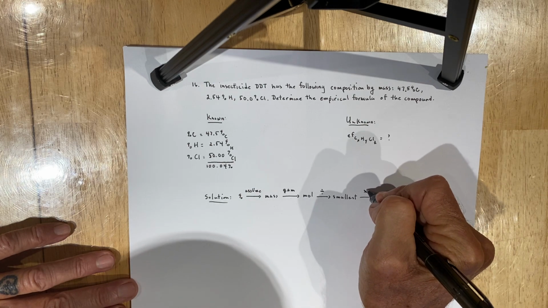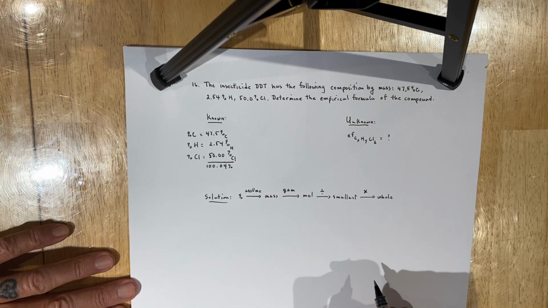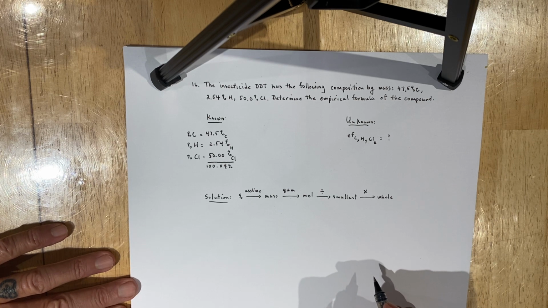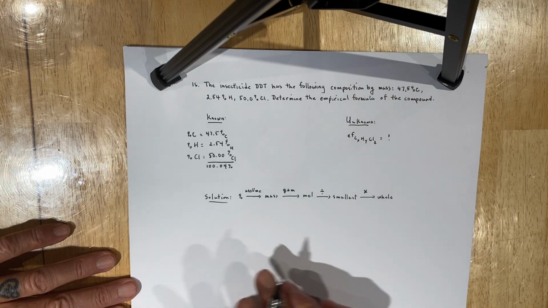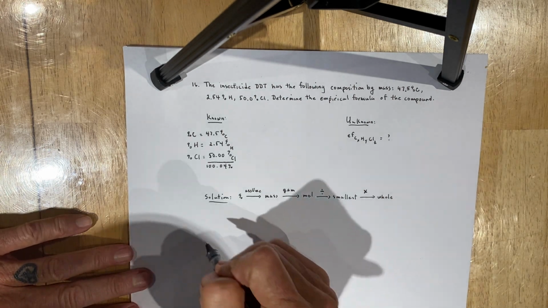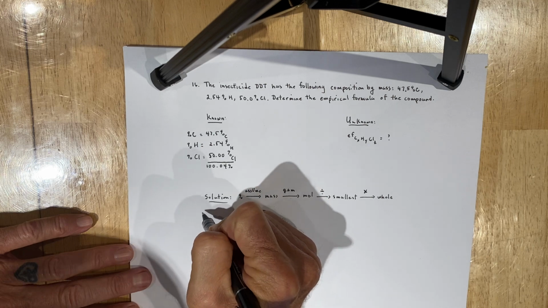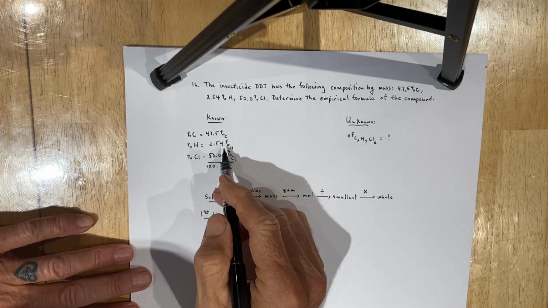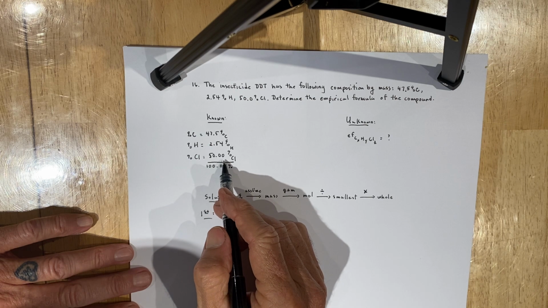So that's the general approach that we use. So if you say that over and over, percent to mass, mass to mole, divide by small, multiply to a whole, you'll remember that, and you can tackle any of these types of percent composition problems. So the first thing you're going to do is to set off to calculate the moles of each of these substances.